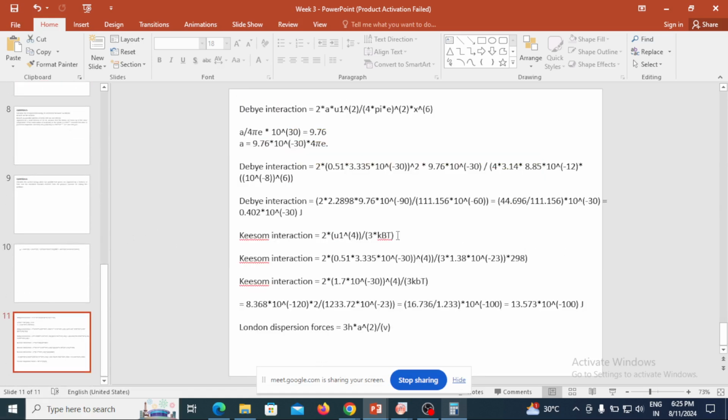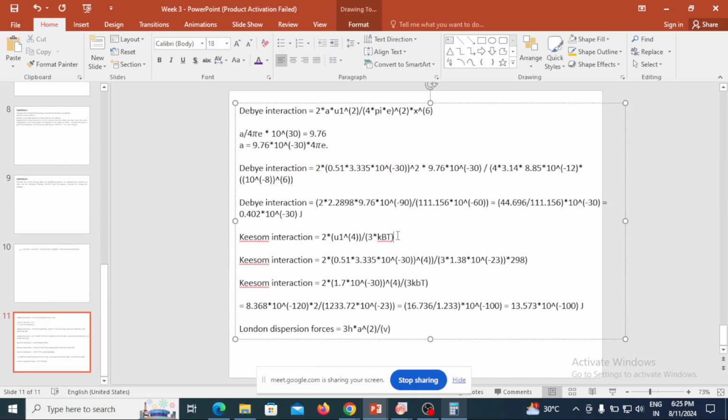Oh, see, we made a mistake. In the Keesom interactions, we did not multiply that (4 pi epsilon) whole square times x power 6. We are supposed to multiply that.